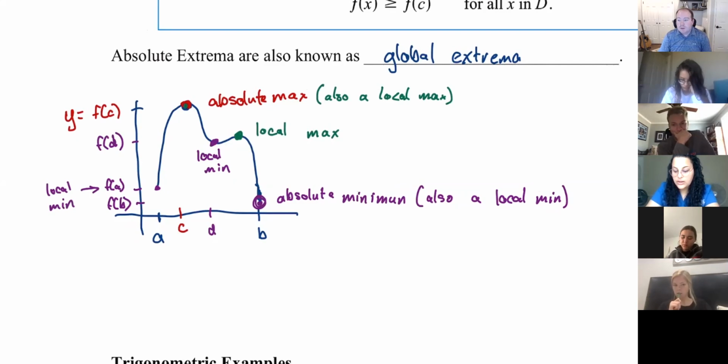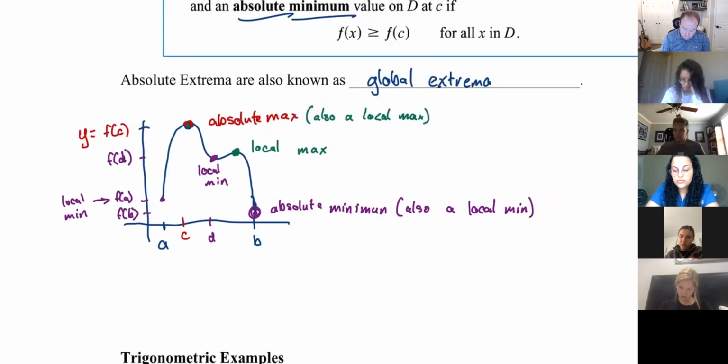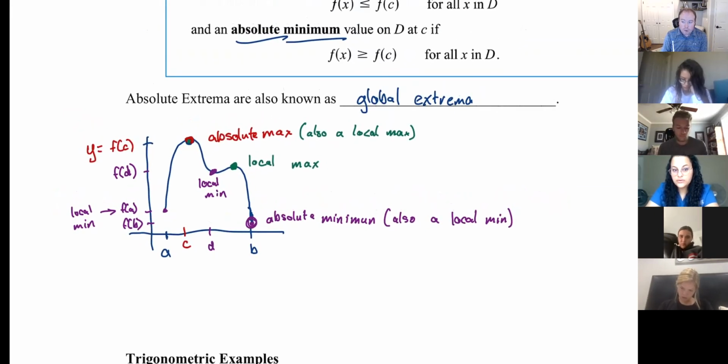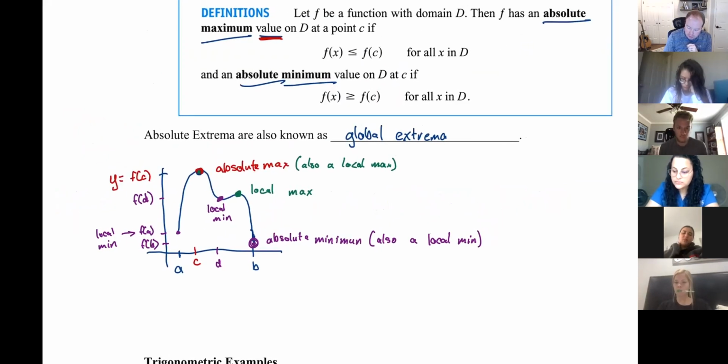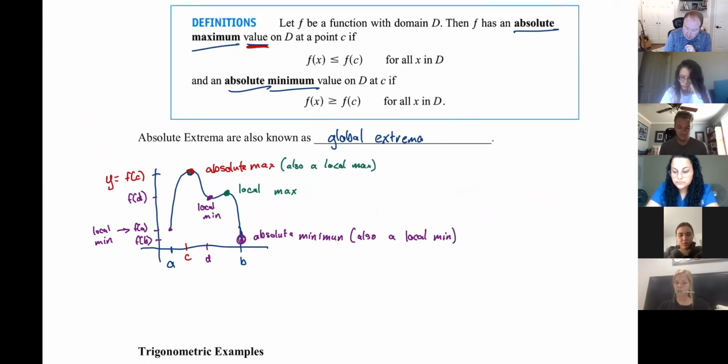So you're not looking at plotted points, you're looking at the X and Y value. You're looking specifically at the Y value. The Y value, okay. So you can see right here, if we look at what I said above, the absolute maximum value is the actual value, and that occurs at some point.